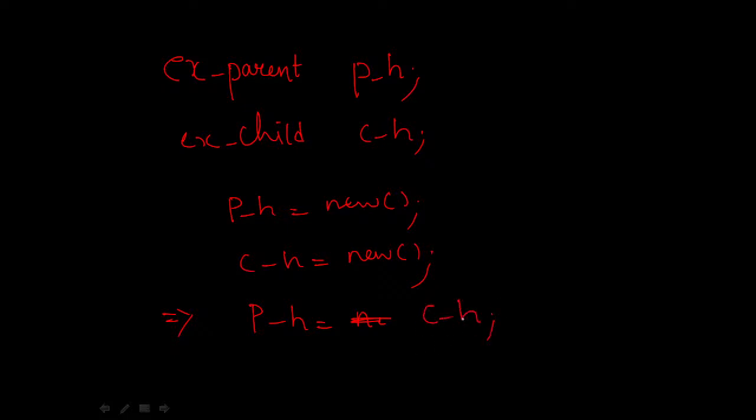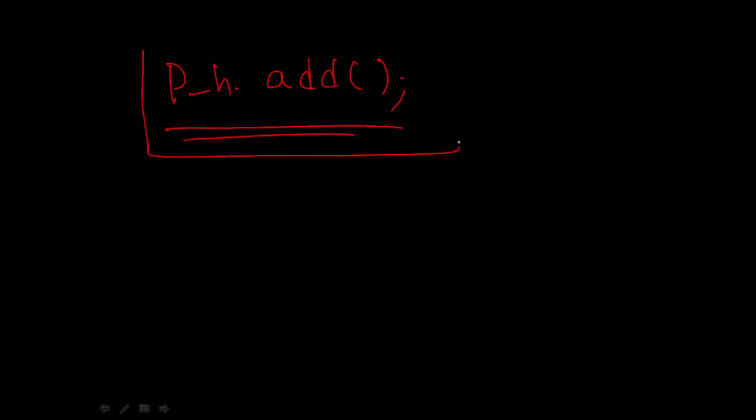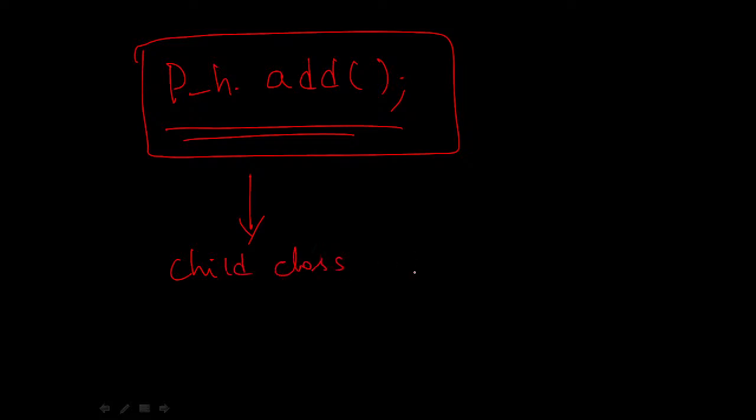That is, the child class handle I am assigning to p_h. Now if I call p_h.add, which method will be called, the parent class method or the child class method? In this case, it will refer to the child class add method.